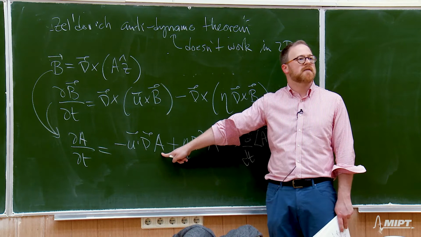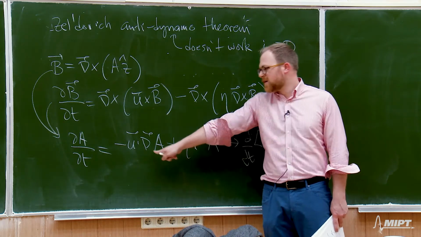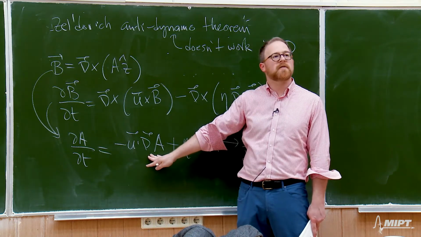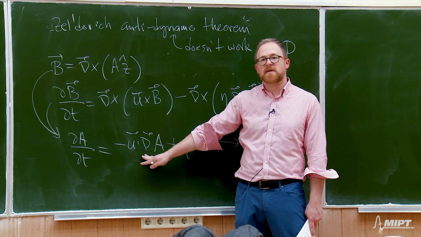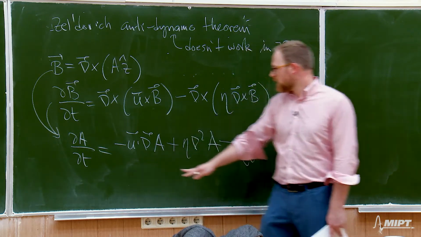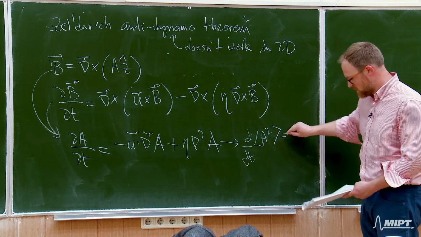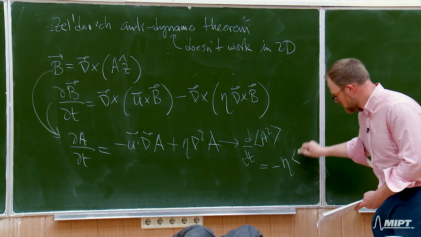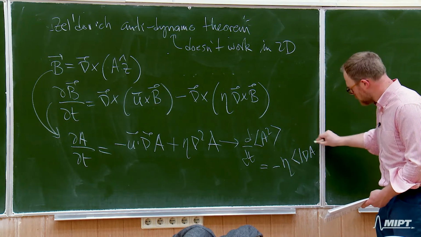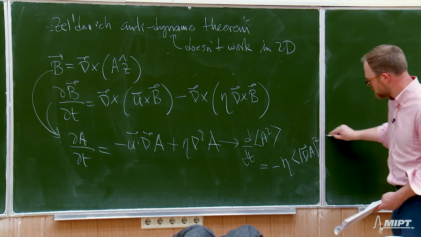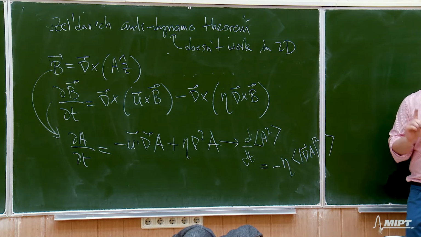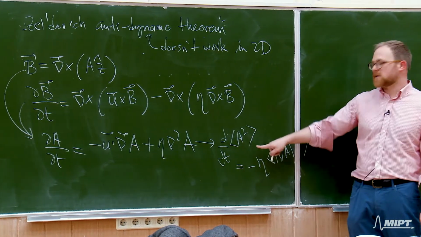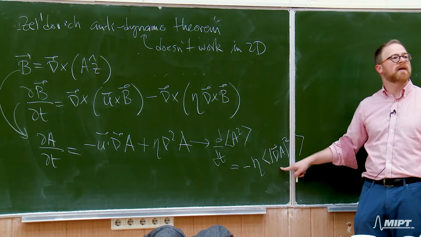This is just conservative advection of A by the flow. It's just carrying it around. If you integrate over volume, this is just going to go away. And then all you're left with is this. And after some vector identity, you get this. So integrated over volume, this A is just going to decay.